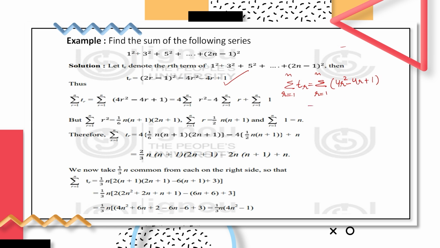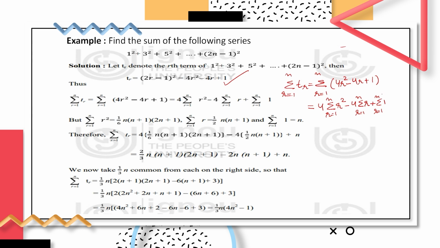That means 4 into summation of r square minus 4 into summation of r plus summation of 1, where r varies from 1 to n.